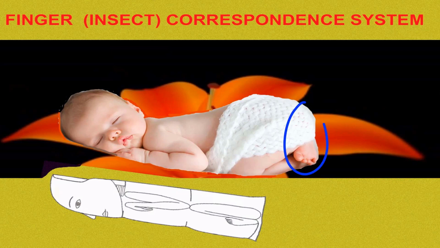And the hip is in the same line as the ankle. This system is also called the insect system, as Professor Park Jae-woo saw the insect posture in a newly born baby, where the baby has his arms and legs folded like an insect. So this was the insect position from which he derived the finger correspondence system.